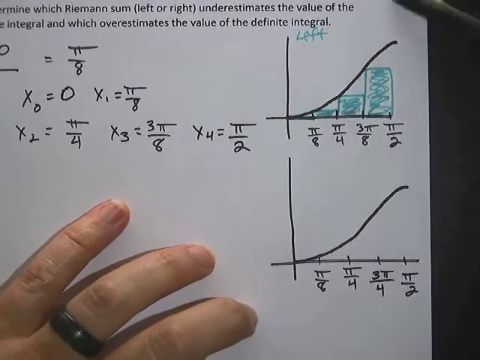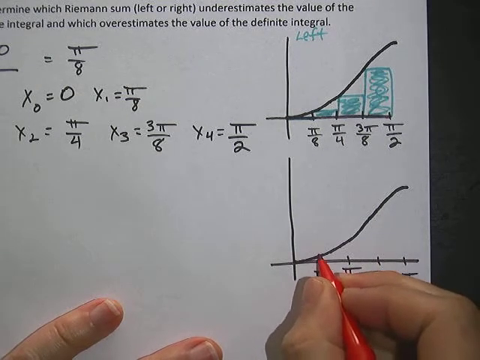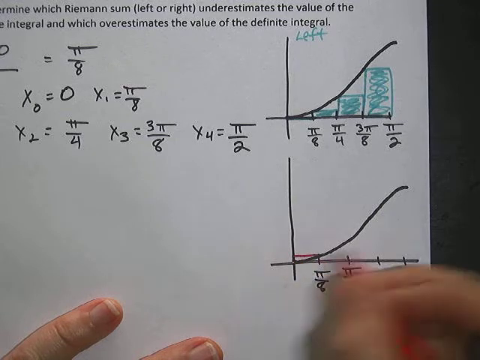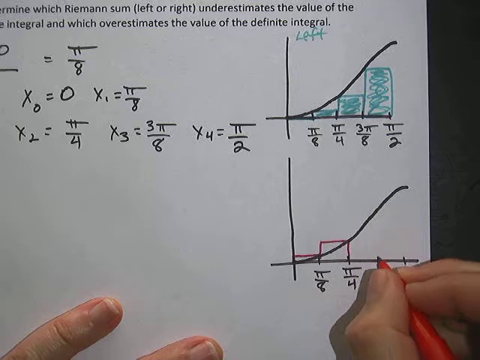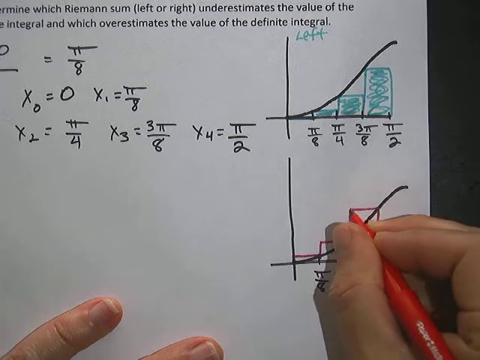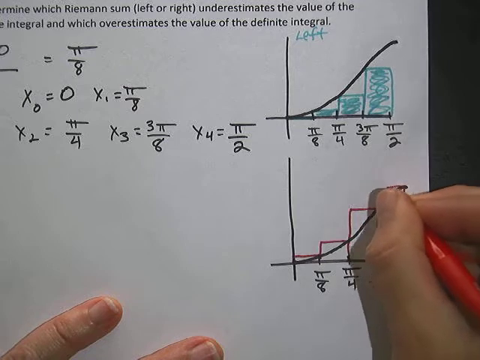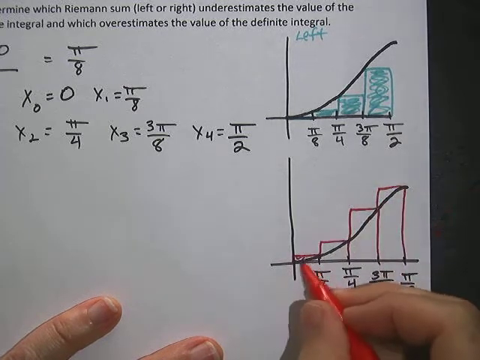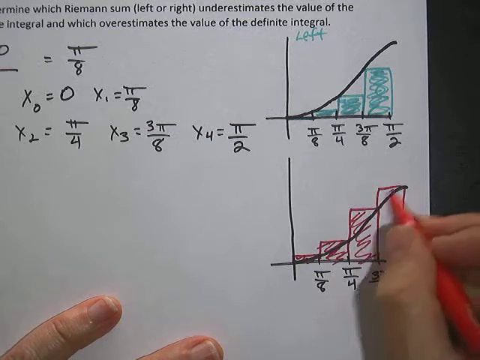Now for a right Riemann sum, you start from the right point. You find the graph here, and then you travel back left. Start from the right point, hit the graph, travel back left. And as you can see, this appears to be giving an overestimate of the area.